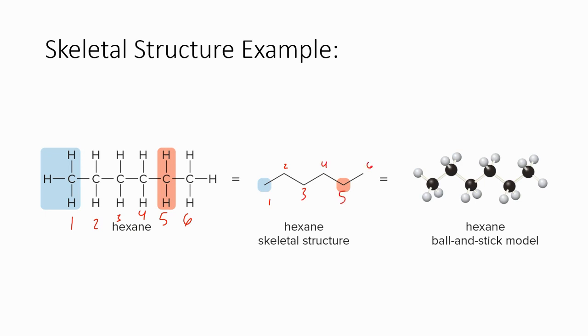And this represents what is actually happening in the molecule. Our molecule, hexane, is not actually linear. It can spin around these single bonds, and so it ends up looking more like a sideways staircase. So we draw our skeletal structure like this, because the molecule is actually more like this.